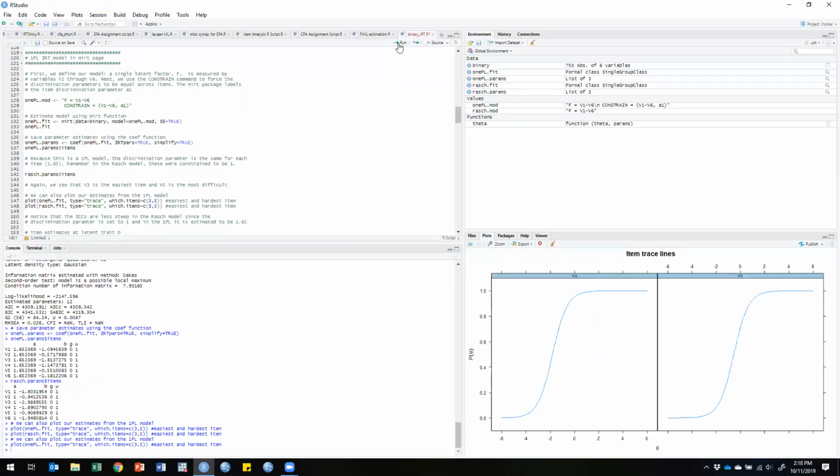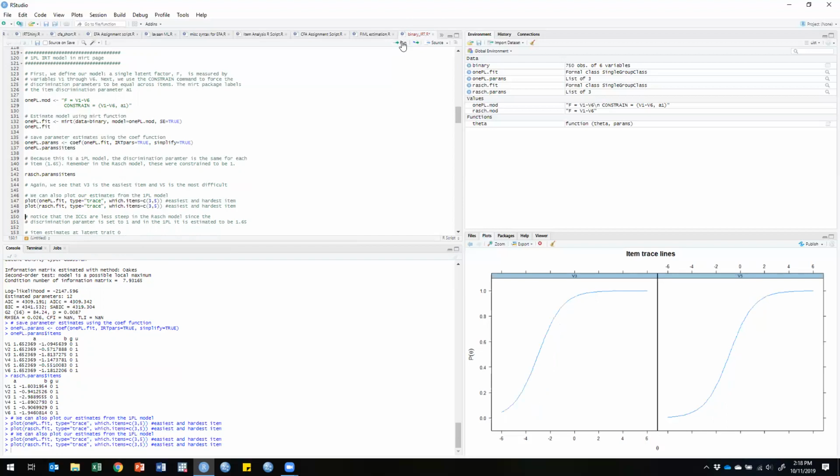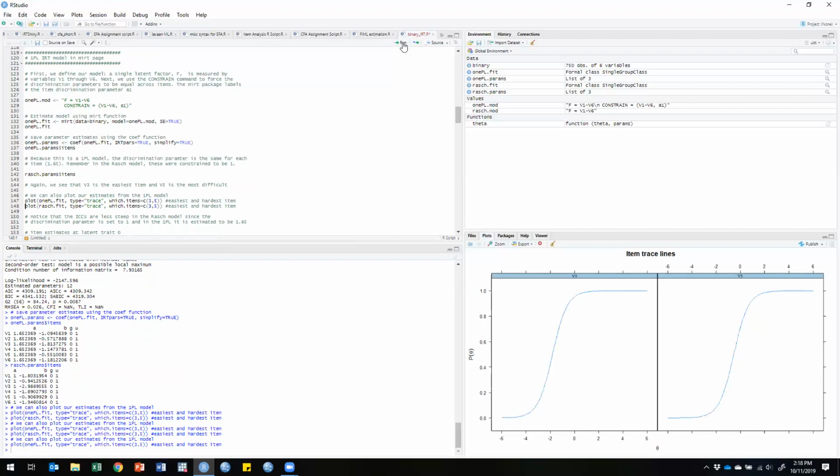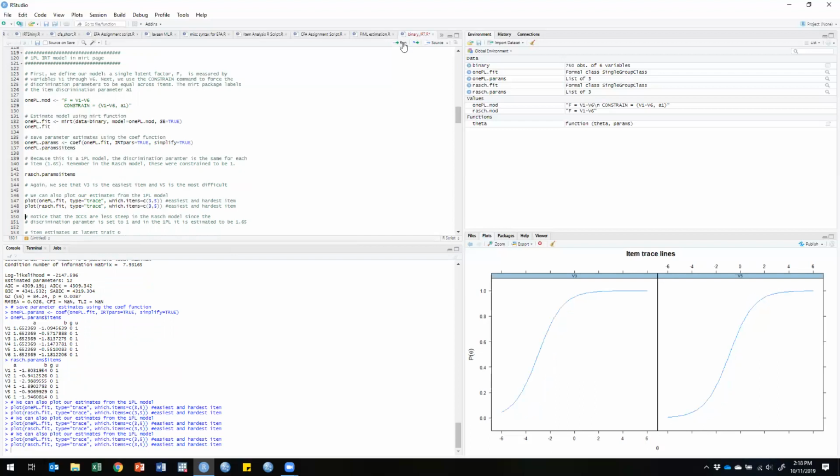So here is the 1PL model. The slopes are a little bit steeper because item discrimination is larger than in the RASH model. They're not as steep. So here I'm just flipping through. There's the RASH. That's the 1PL. And that's the RASH. So you notice that the ICCs are steeper in the 1PL model.